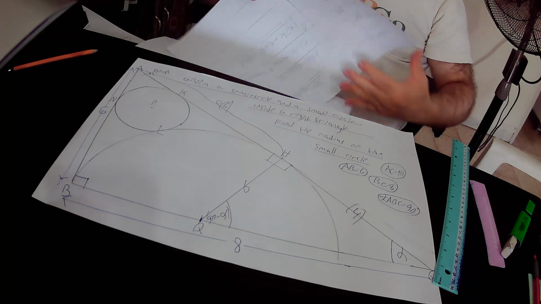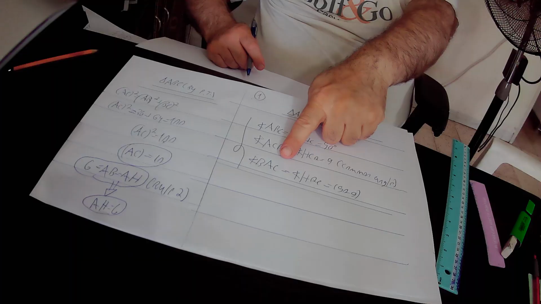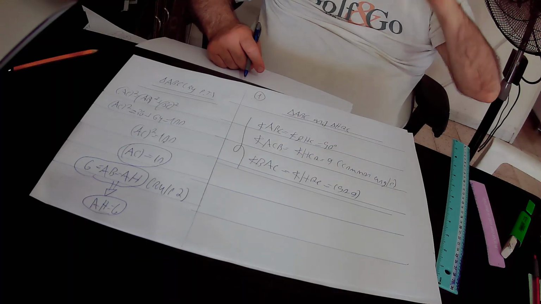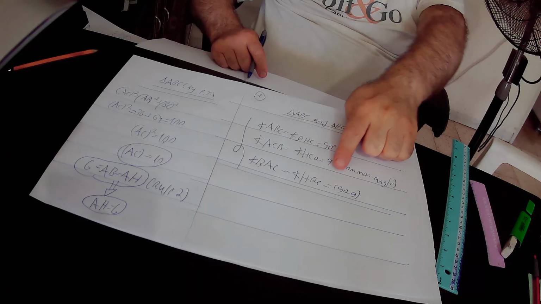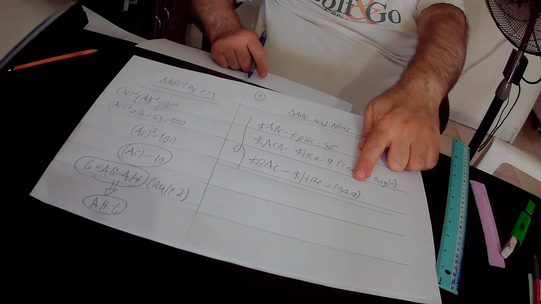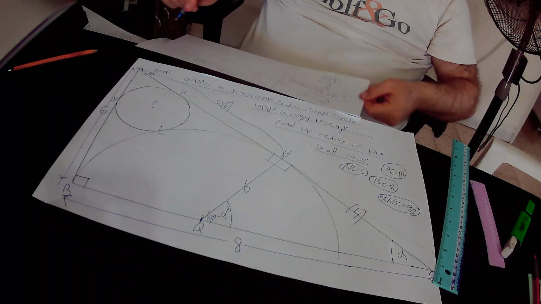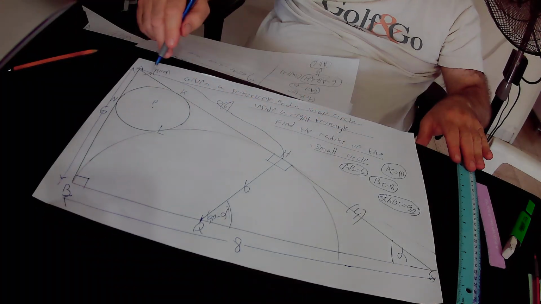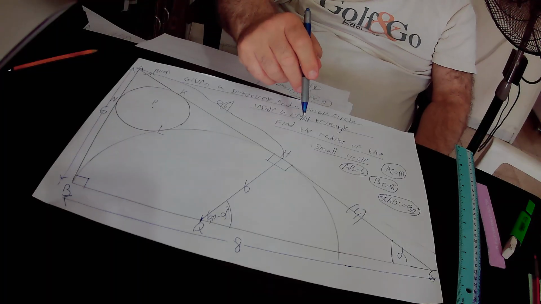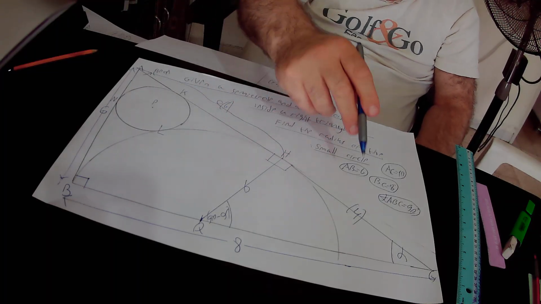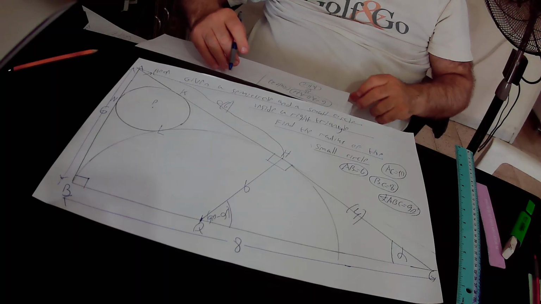Again, angle BAC in the big right triangle ABC equals angle HQC in the small right triangle HCQ. They are both equal to 90 degrees minus alpha, therefore they are equal to each other. So I can prove that all the angles of this big right triangle ABC are correspondingly equal to all the angles of this small right triangle HCQ. Therefore those two right triangles are similar to each other according to angle similarity rules.